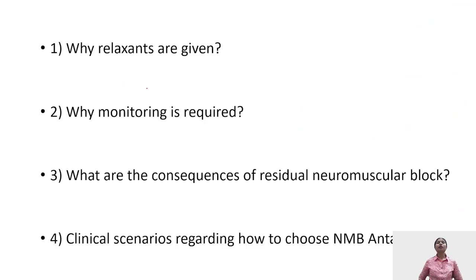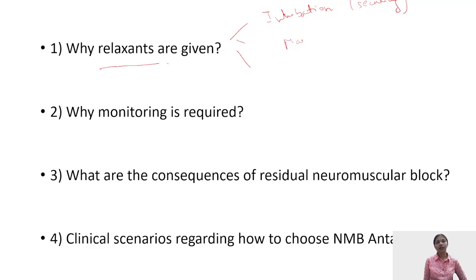Now, there are certain clinical scenario questions which you all have to remember and judiciously answer, thinking over what the scenario is like. For example, the first thing that you all have to know is why these skeletal muscle relaxants are given. There are three things. One, intubation, to facilitate the intubation of the patient and securing of the airway, as I've already told, a very important component of general anesthesia.